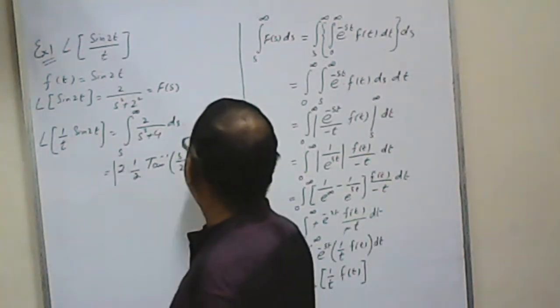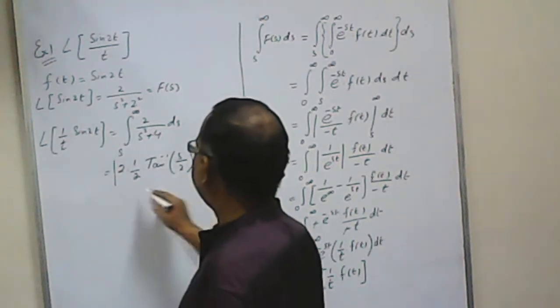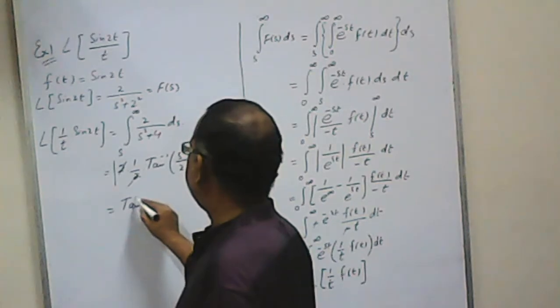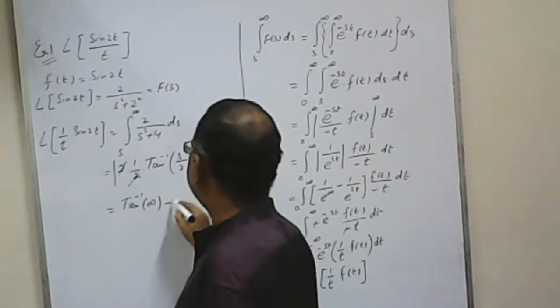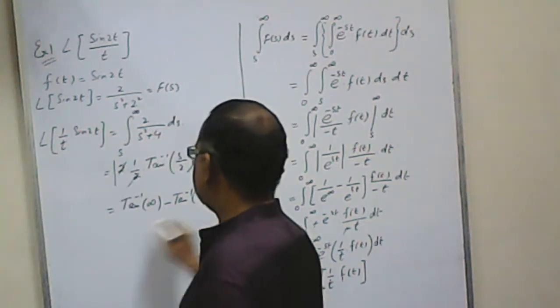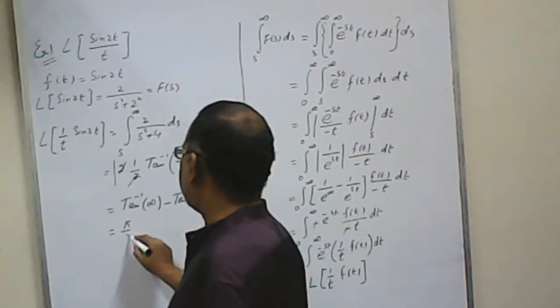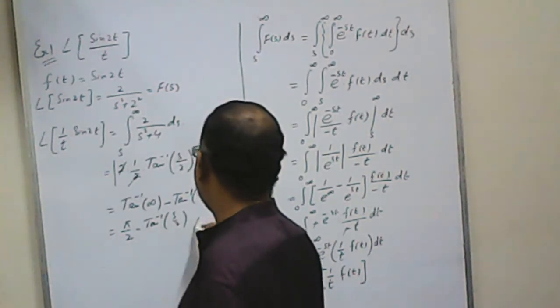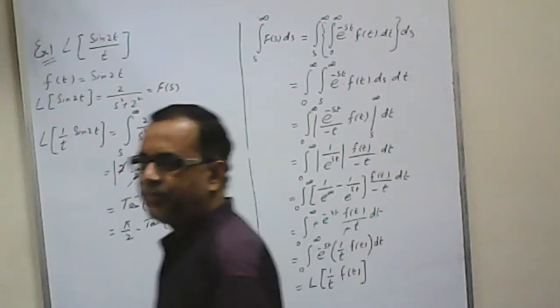And then we need to apply the limits, that is s to infinity. So 2 cancels with 2. Applying the upper limit, tangent inverse infinity minus tangent inverse s by 2. Tangent inverse infinity is pi by 2, minus tangent inverse s by 2, and this is the answer for this.